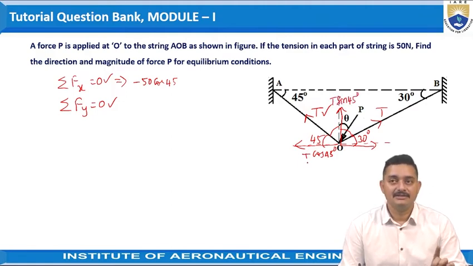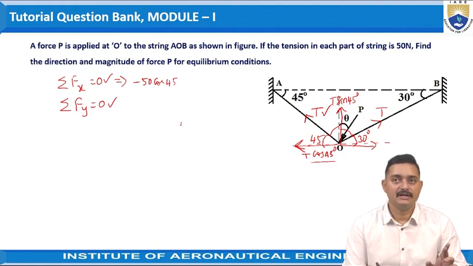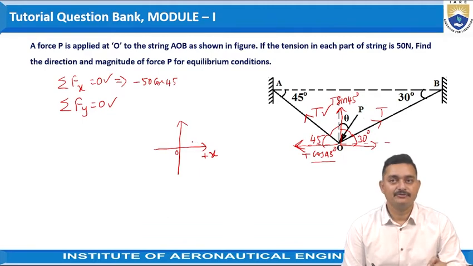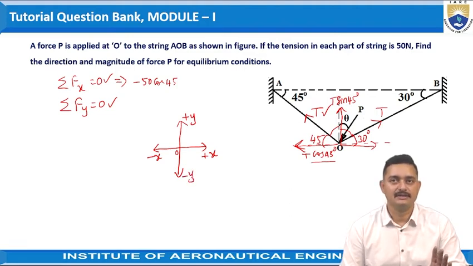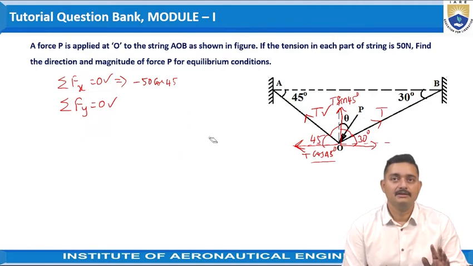Keep in mind that this T cos 45 is acting in the left-hand direction, that means in the negative direction. We have already understood that forces acting in the positive x-axis direction are positive and in the negative x-axis direction are negative. Then positive y-axis forces are positive and negative y-axis forces are negative. That is the system we will be following. So this T cos 45 is acting in the left, negative direction.